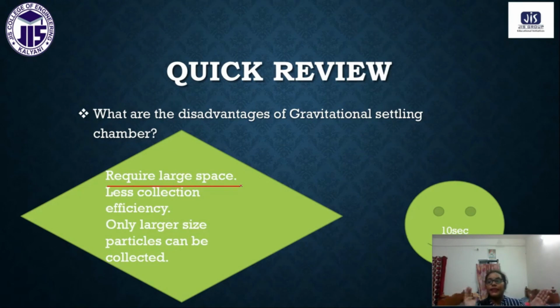That means we have to reduce the velocity, and for that we require large space. The chamber will be very large. The collection efficiency is less, only larger sizes. A particle size of 50 micrometers will be removed by this gravitational settling chamber. So these are some of the disadvantages of the gravitational settling chamber.